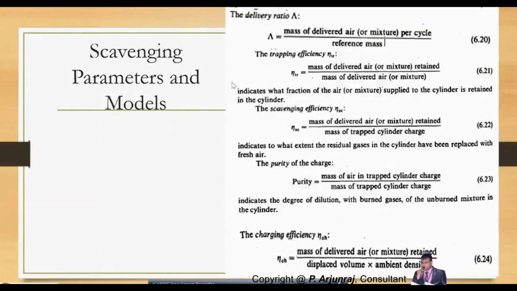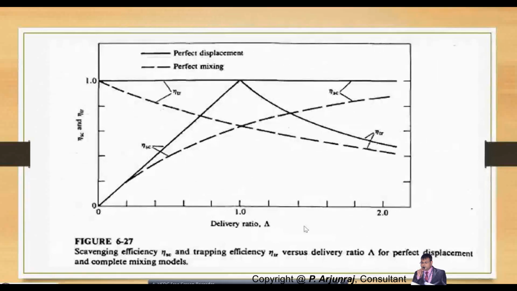Again, all the formulas are very important, and see on what basis the modeling of the scavenging parameters is done, based on the air flow rate and also the mass flow rate. You have the charging efficiency percentage, considering the delivery ratio and the efficiency of charge scavenging, and how it will vary. You can look into all these things.